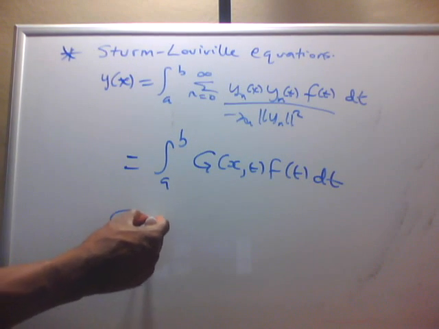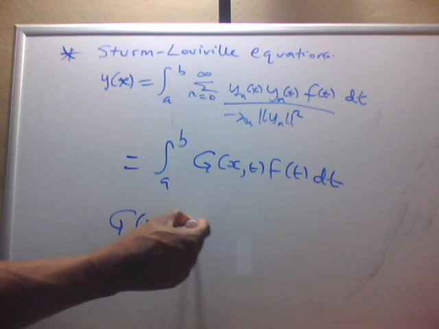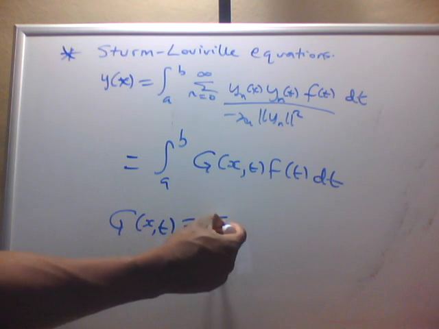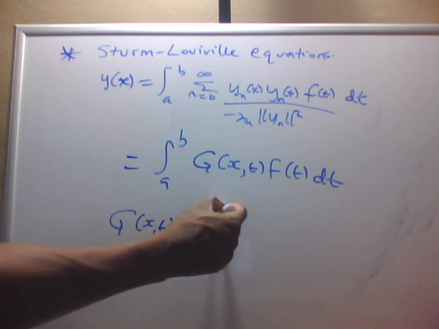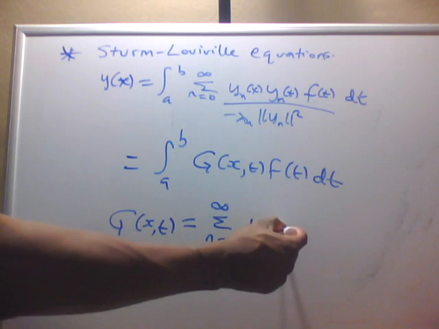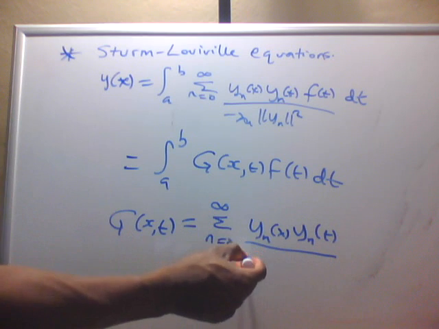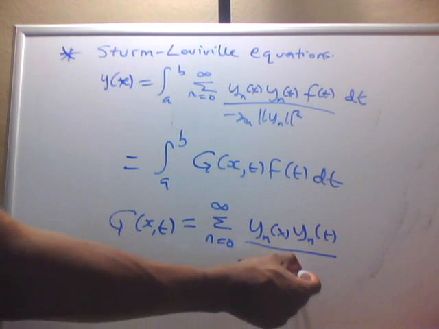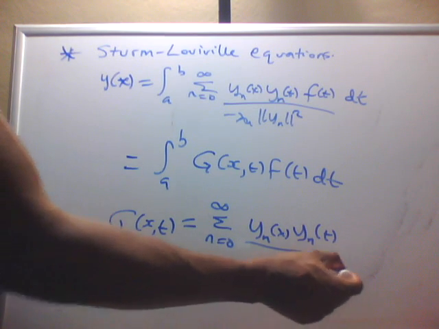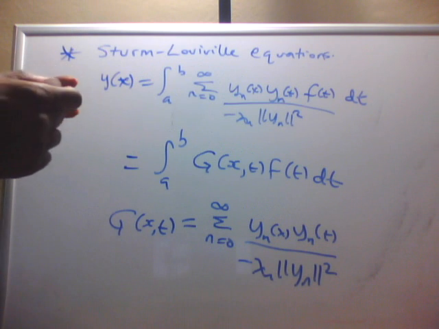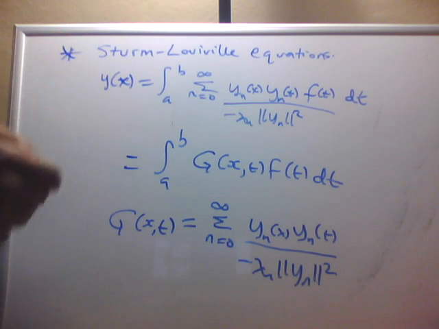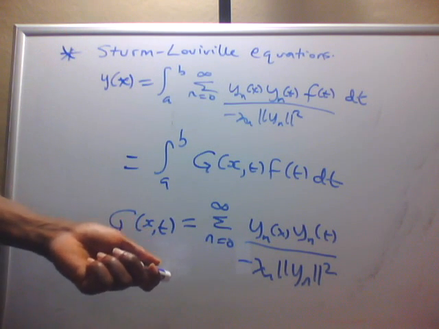Where your Green's function is defined as the sum from n equals 0 to infinity of yn(x) yn(t) over negative lambda n times the square norm of yn. Okay, so this is another form for the Green's function.